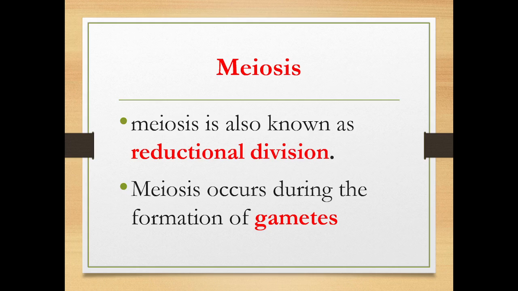During oogenesis, the major thing produced is the oocyte, which is the egg cell, and during spermatogenesis, it is the sperm that is produced.